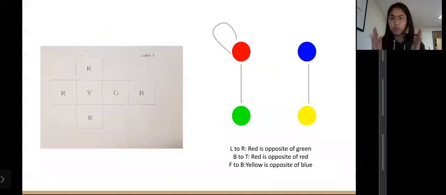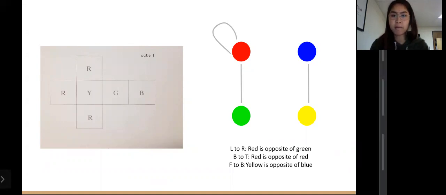Those two sides and 2 colors are opposites of each other, and that's what makes the edge that I have here. Bottom to top is red to red, and since red is opposite to itself, there's just a loop. And then front to back is yellow to blue, and that's what this edge is for.